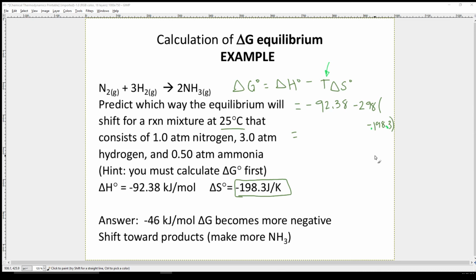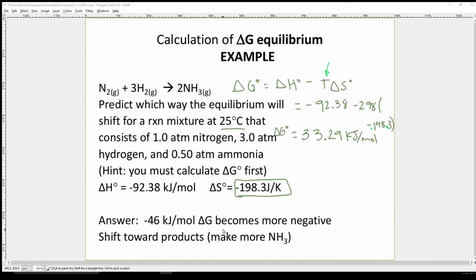Negative 92.38 minus 298 times negative 0.1983 equals, aha, I like this number. 33.29 kilojoules per mole. Okay, so this is our delta G standard.